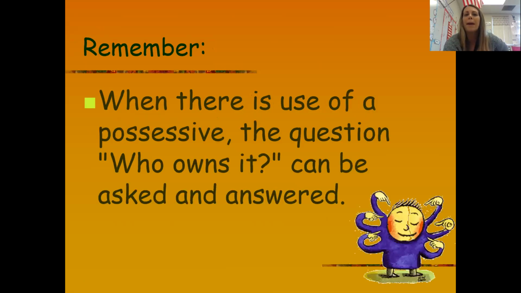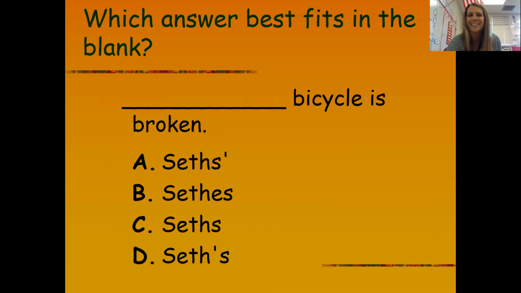All right, so remember, when there is use of a possessive, the question who owns it can be asked and answered. So who owned the car? Miguel owns the car, right? Who owned the engine? The airplane owned the engine. So which answer best fits in the blank? The blank bicycle is broken.